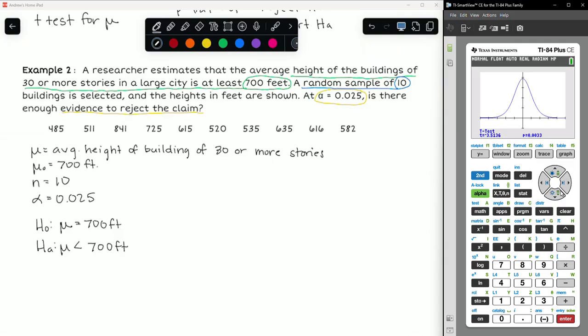Since I wasn't given a population standard deviation and was instead just given sample data, I know that I am doing a t-test for a mean. And once I've identified my test, I'm going to go ahead and draw my distribution and then use my calculator to find the test statistic and the p-value.